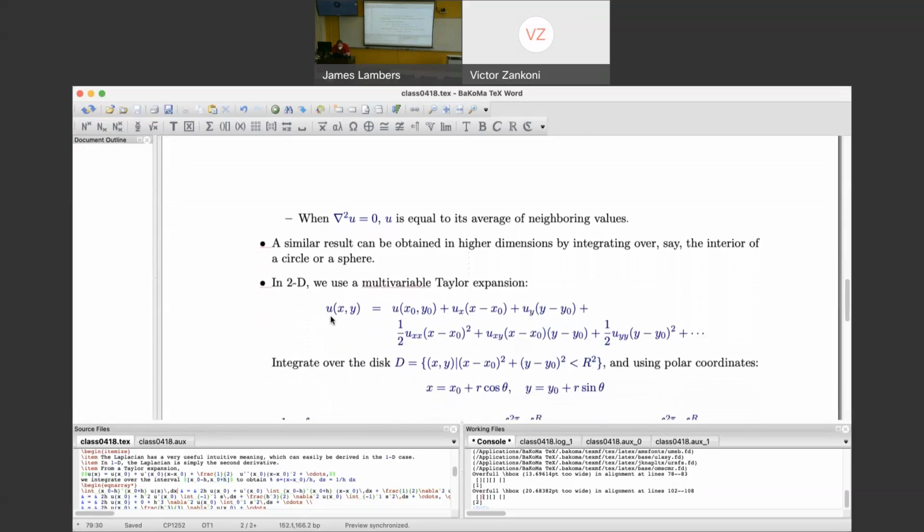So I'm performing a multivariable Taylor expansion. So u is equal to its value at the center of the expansion, x naught, y naught. And then we have these terms involving the first partial derivatives and then the second partial derivatives.